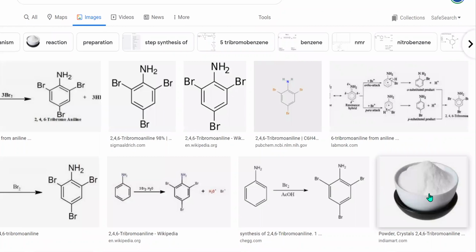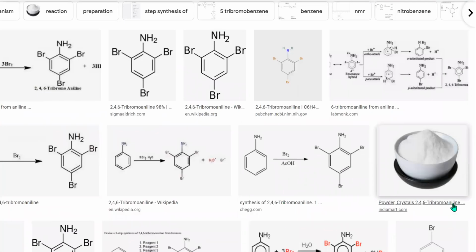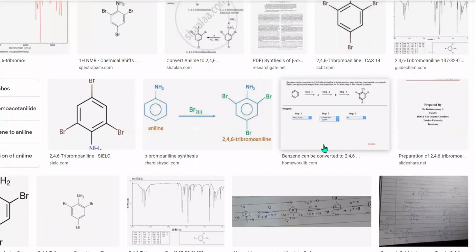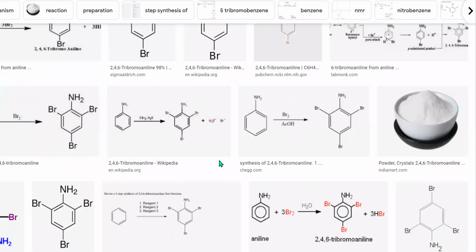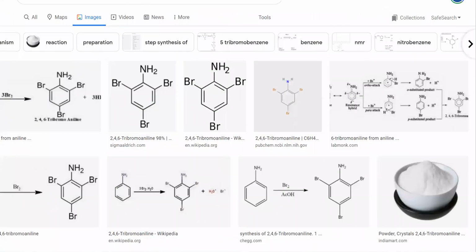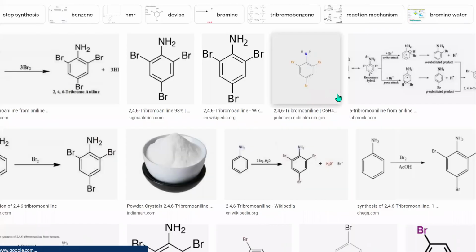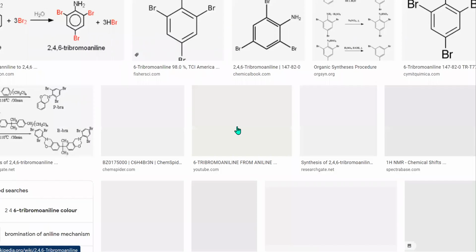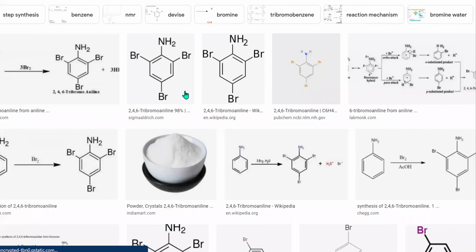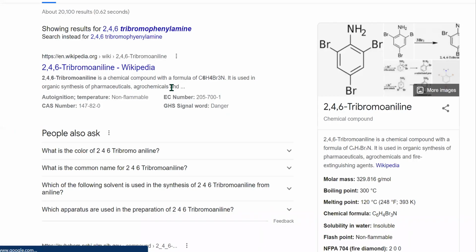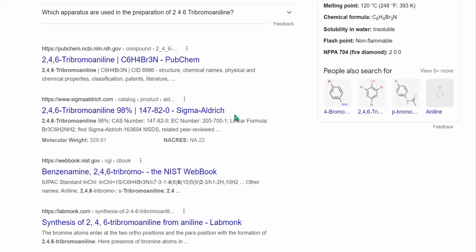Tribromoaniline. I just found this out. This knowledge is not required actually, but I think it's also white in color.